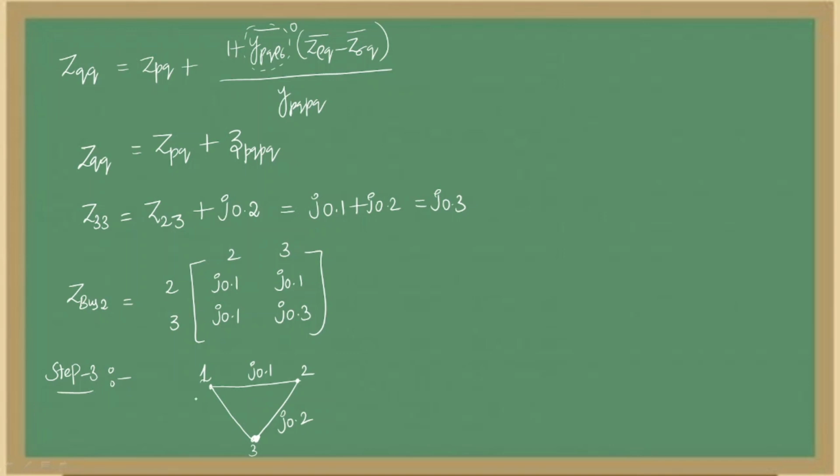We are adding this element whose impedance is J 0.3, and it has the mutual impedance of J 0.4 with this element, which you can consider as first, second, and third element.